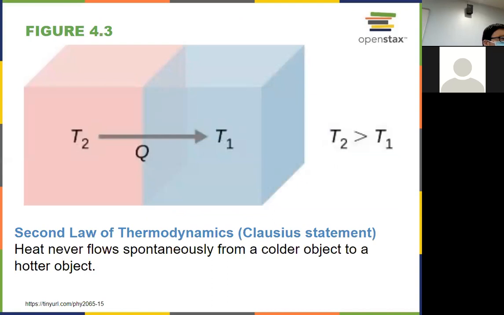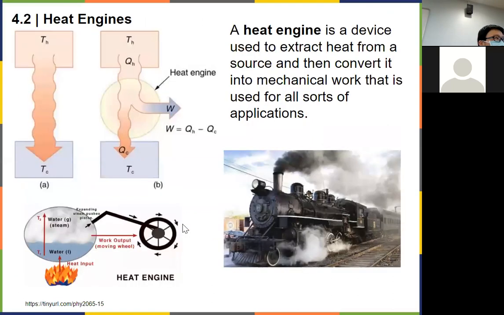The second law of thermodynamics says heat will transfer from a hot object to a cold object spontaneously. Later we learned that you could actually reverse the heat transfer by adding extra work to it, but naturally that's the way it goes.